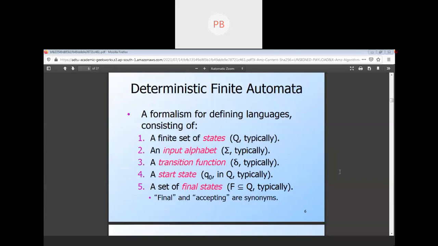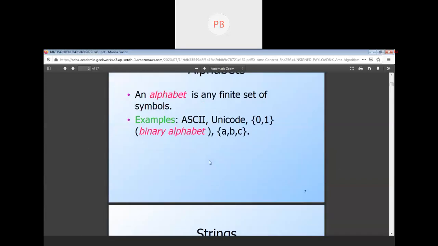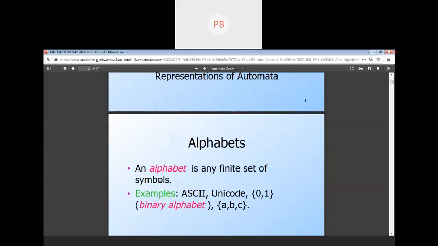It is very simple. No need to write. Then the definition of alphabet, I think the definition is available here also. No need to write. The definition of alphabet is a finite set of symbols. This is available here.